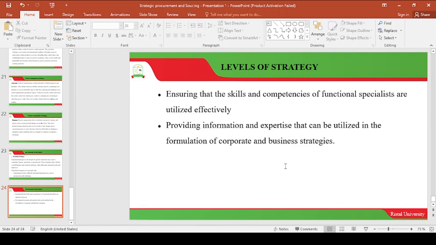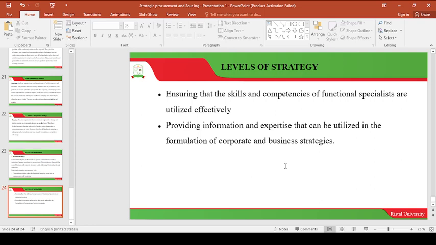in making these strategies. So ensuring that the skills and competences of functional specialists are utilized effectively and providing information and expertise that can be utilized in the formulation of corporate and business strategies. So the functional level of this department can help in providing information and expertise to the corporate or business when making the corporate strategies or business strategies.